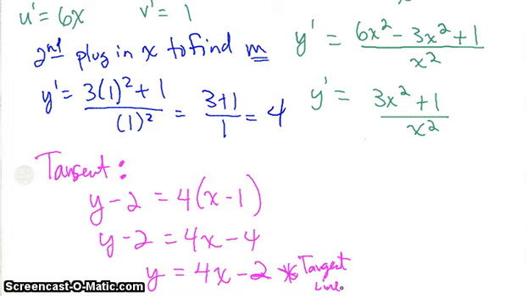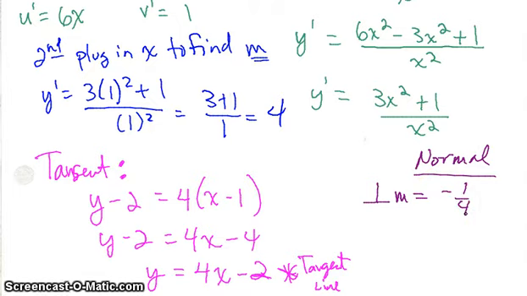What do we need to do if we're going to talk about our beautiful and lovely normal line? Remember that we're talking about a perpendicular slope. So that should be negative 1/4, since our slope for the tangent line is 4.